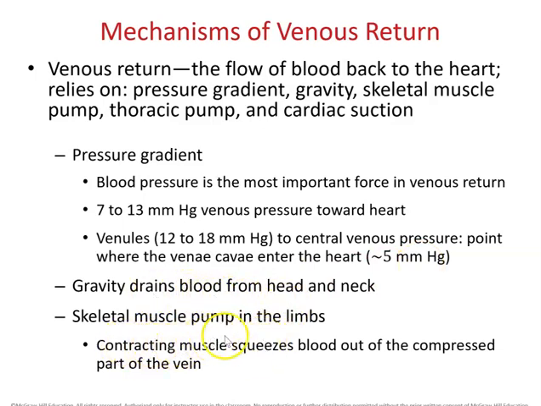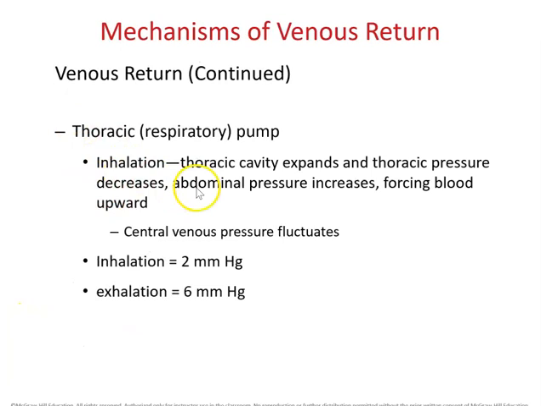The skeletal muscle pump in the limb can squeeze blood out of the muscle into the veins to help with the venous return. During inhalation, the thoracic cavity expands and the thoracic pressure decreases. Abdominal pressure increases and forces the blood to go back to the heart.